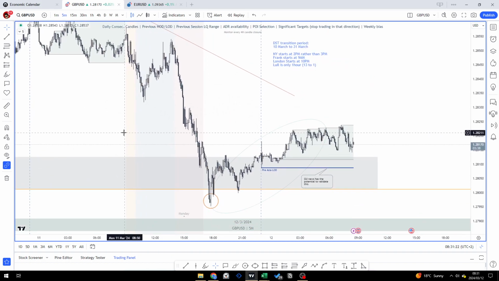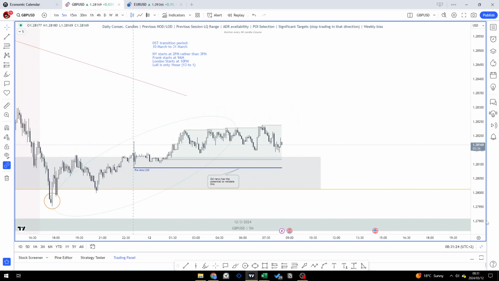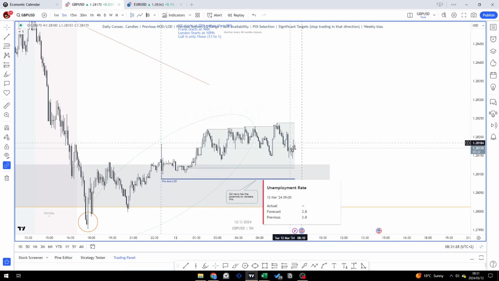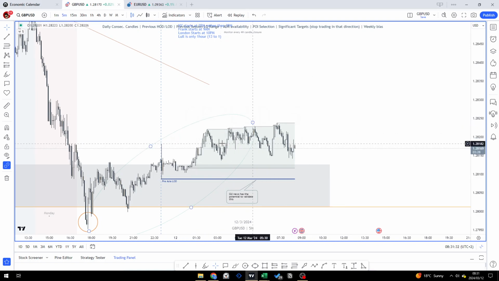So just for context. How are we going to enter in this London outlook? Well, if GBP news is positive, and we can validate why the pre-Asia low of today should hold because of a positive GBP news, we can then enter. We can enter once one side of the Asia range is liquidated.